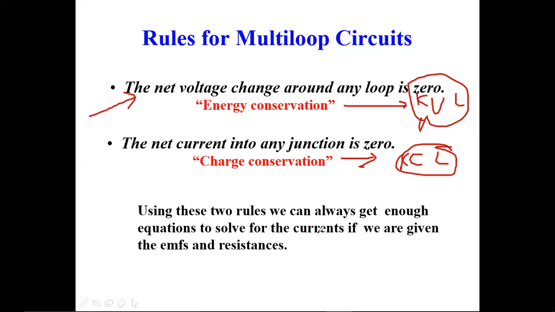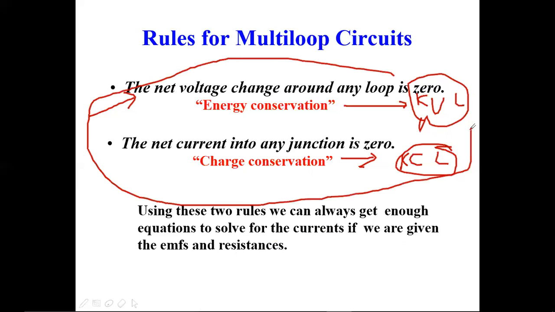Using these two rules, we can always get enough equations to solve for the currents if we are given the EMFs and resistances. What I'm trying to say is, whether you apply mesh analysis, nodal analysis, loop equations based on branch currents, or loop equations based on loop currents, finally all those rules merge into KCL and KVL only.